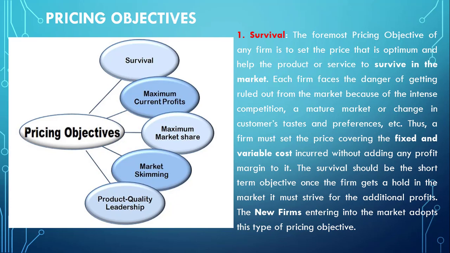When you think of price objective as survival, it means that the company is almost in a decline stage. If you remember the product life cycle from the product development and brand management course, we have an ideal life cycle, starting from the introduction stage to the decline stage.